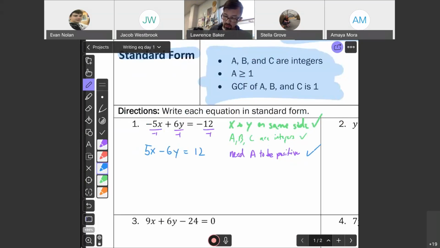Okay. And the last thing I'm going to check is, do a, b, and c have anything in common? Are 5, 6, and 12 all divisible by something?